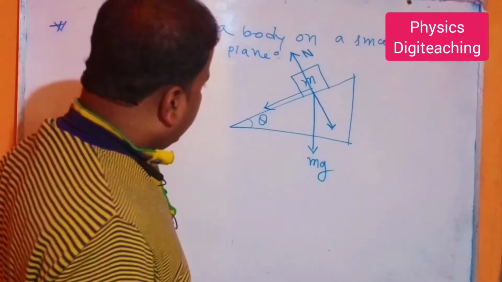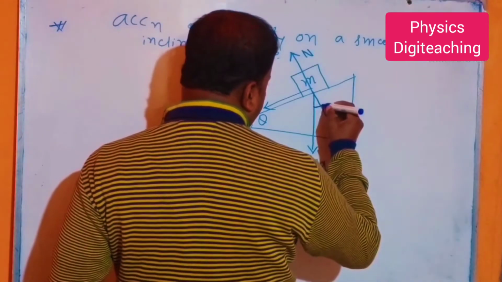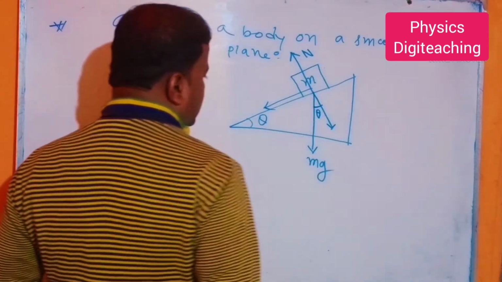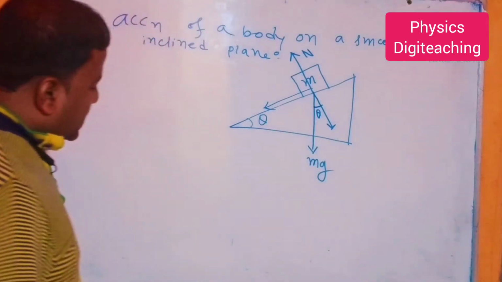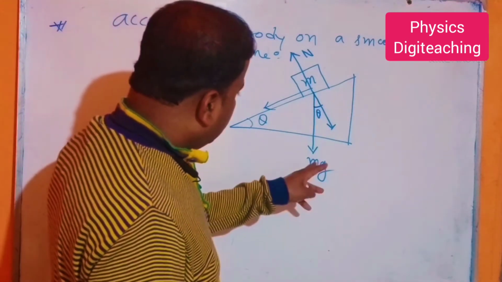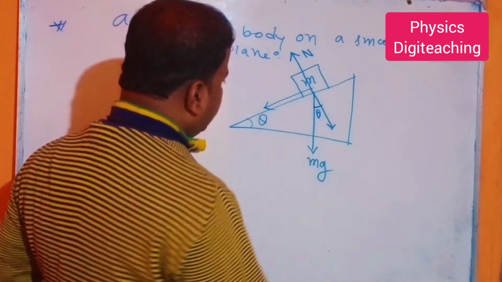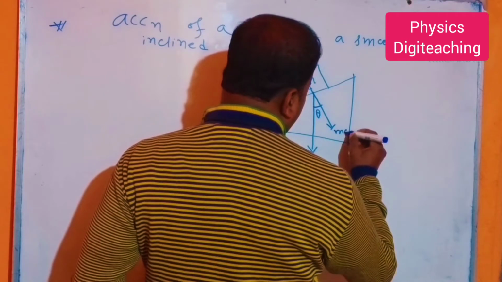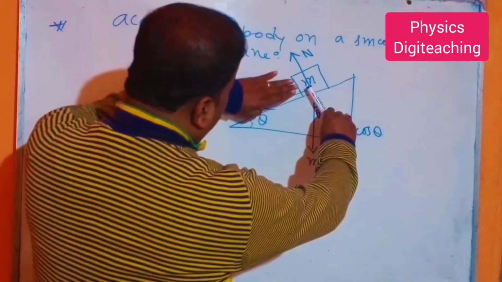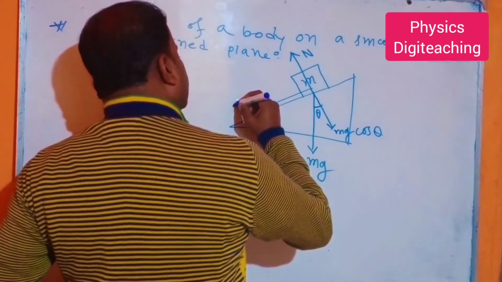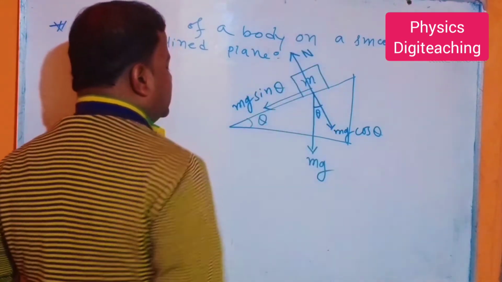If it is the angle theta, we can easily calculate that this is also theta. According to the resolution formula of vector, this is mg, and the component along this angle of theta will be mg cos theta, and the perpendicular component is mg sin theta.